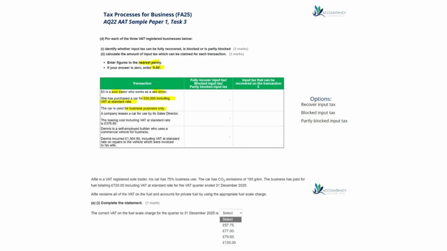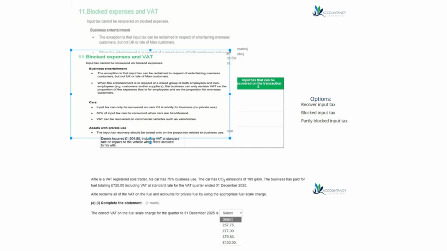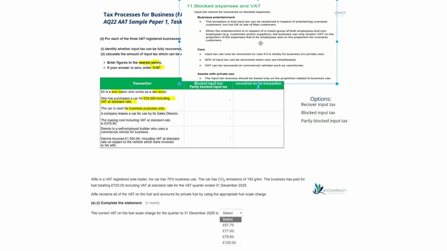So we'll bring up reference material 11, and that will help us a little bit with this question. So in terms of cars, it tells us the input tax can only be recovered if it's wholly for business use, so it's not used privately at all.